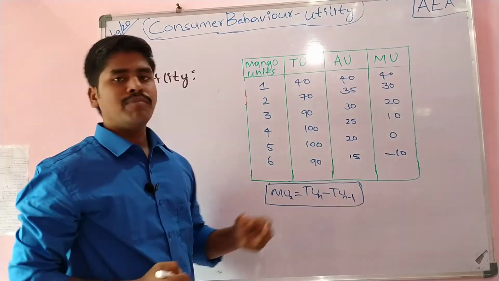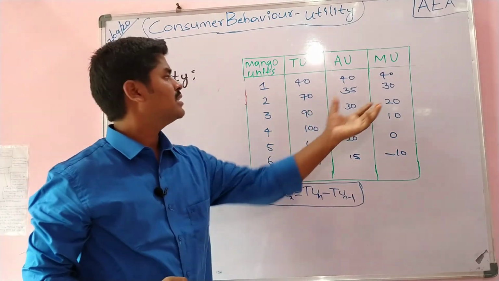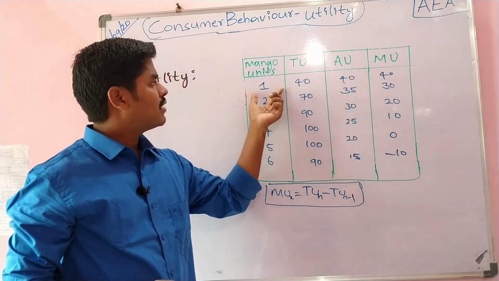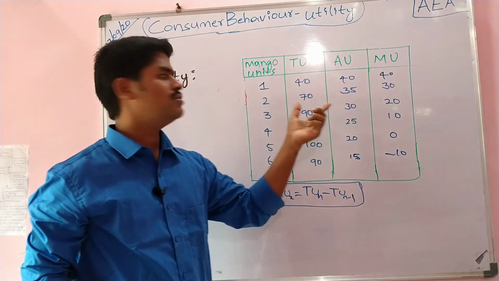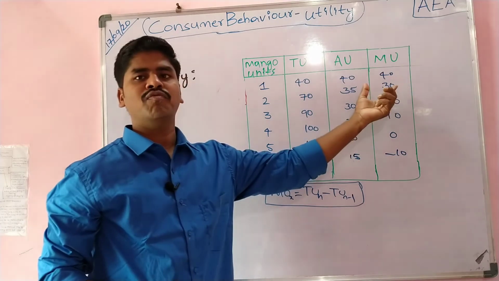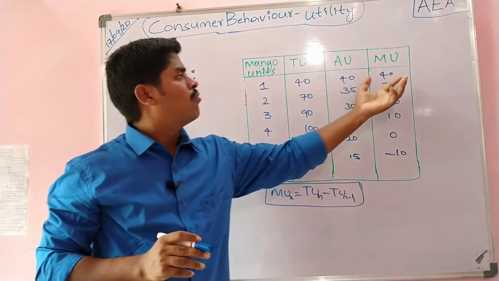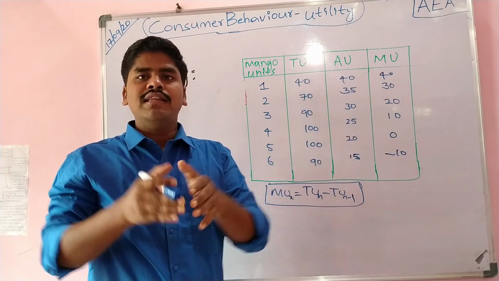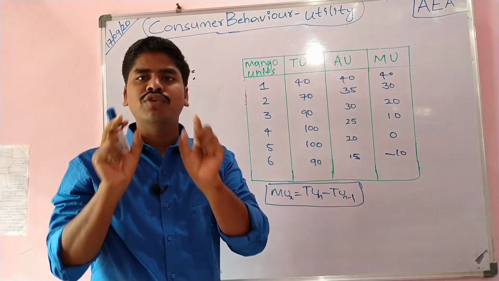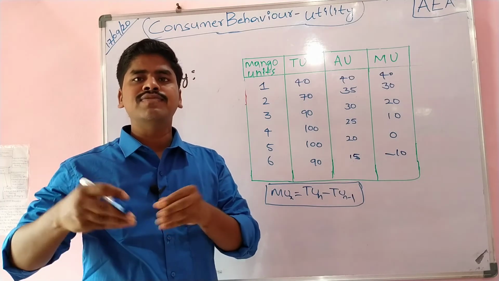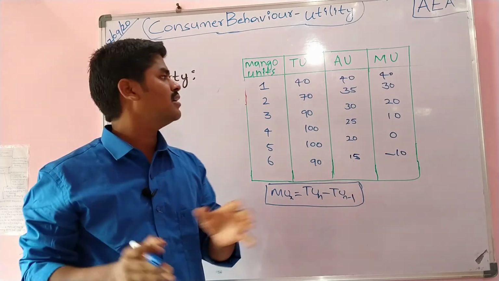When we observe this table, when the first mango is consumed, he will get 40 utils of satisfaction. Generally, utility can be measured in terms of utils, just as we measure distance in kilometers.